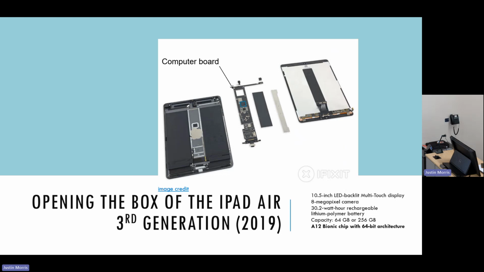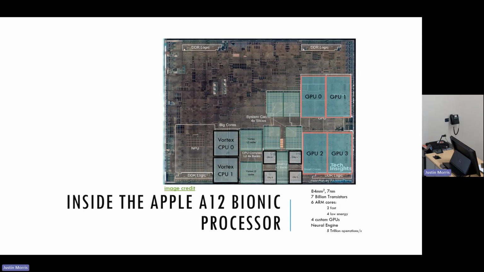So this is the example we're going to look at, an iPad. And this is the A12 Bionic. Again, this is implementing ARM as its ISA. Here we can see it has 2 big CPU cores, and next to those CPU cores is the L2 cache.